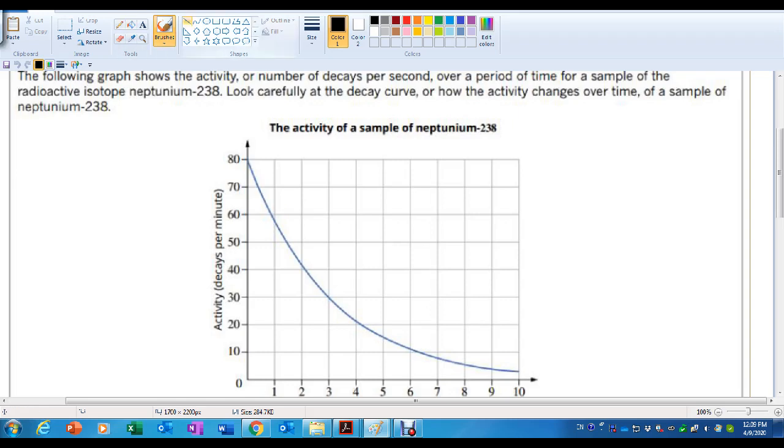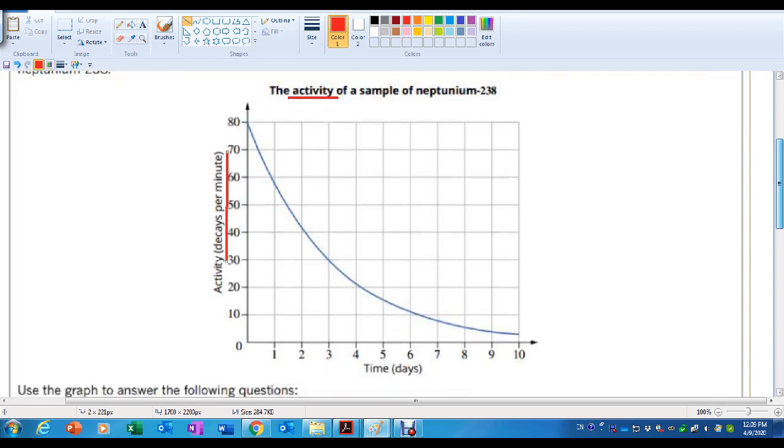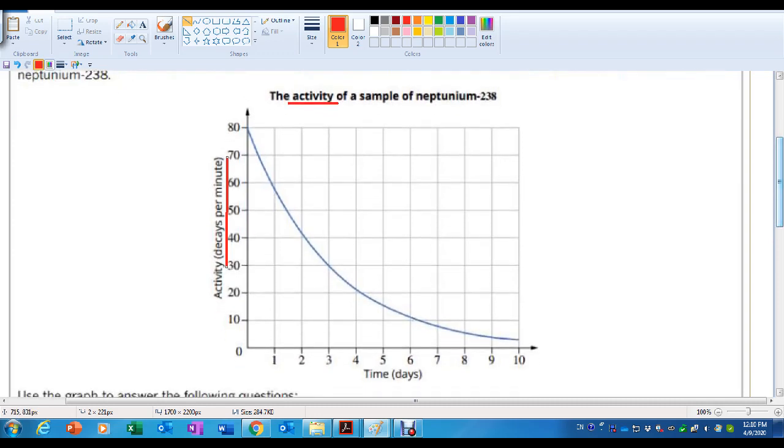Okay, so this graph is about activity, all right? And what do we mean by activity? Activity means the number of decays per unit time. So unit time could be per minute, per hour, or per second. Here it is per minute. And the time axis is in terms of number of days.